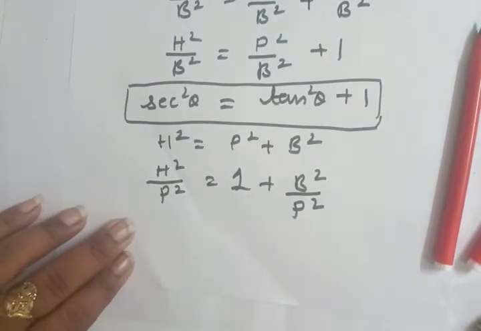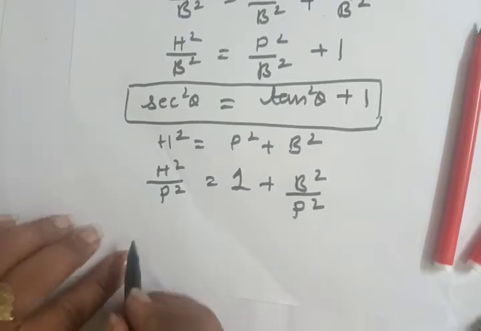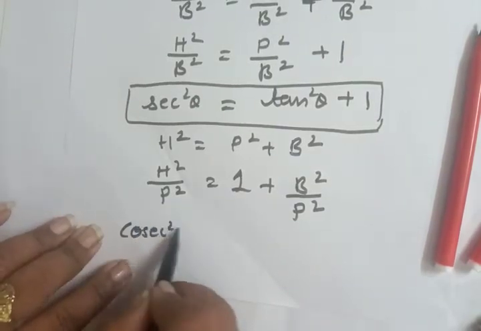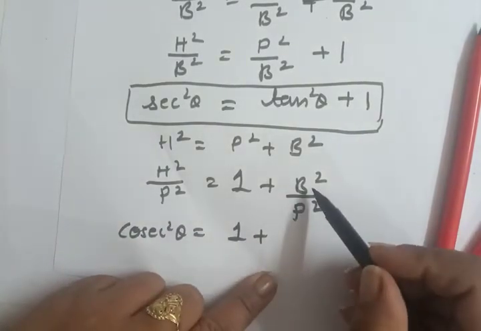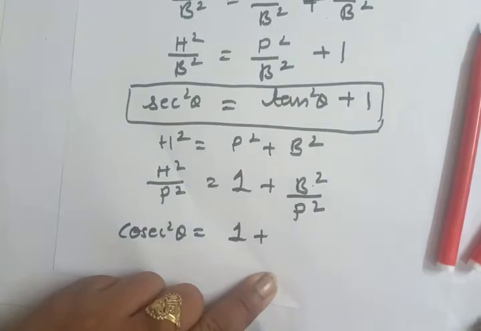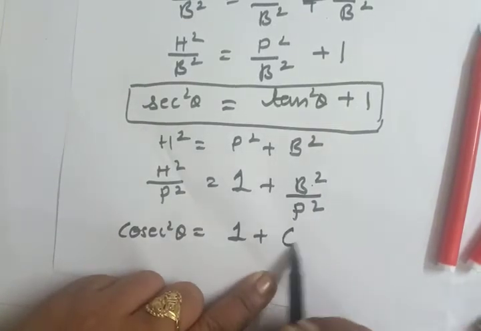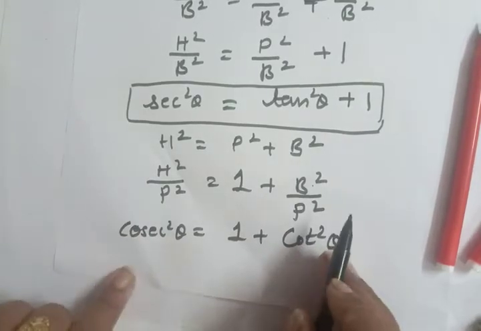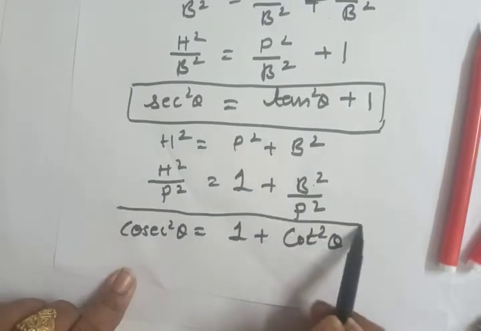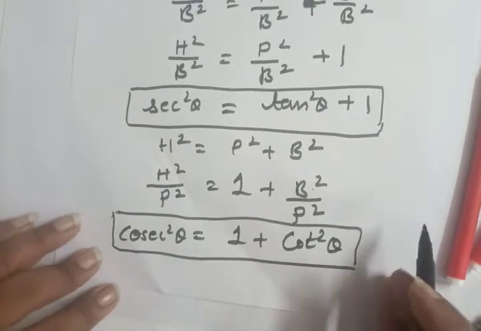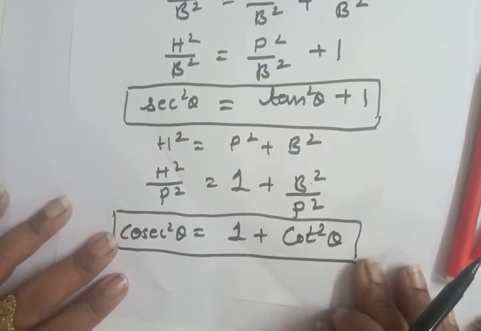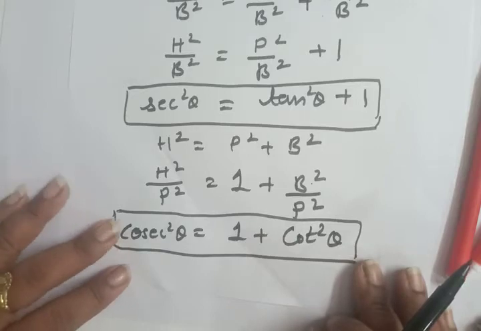As we know, perpendicular upon hypotenuse is sine, and the reciprocal of sine is cosec, so we get cosec square theta is equal to 1 plus, and we know that base upon perpendicular is the reciprocal of tan, that is cot square theta. So we have got the third important identity, that is cosec square theta is equal to 1 plus cot square theta.